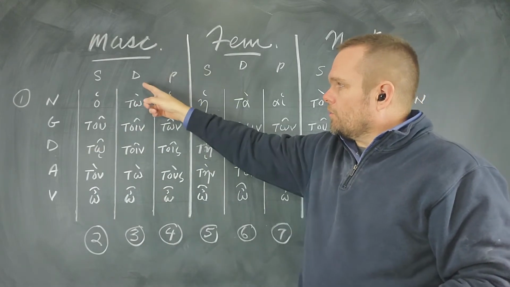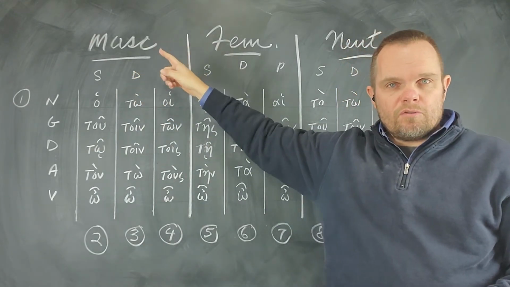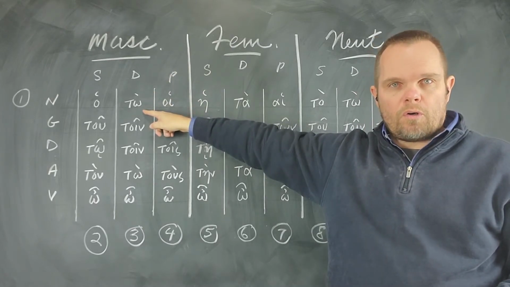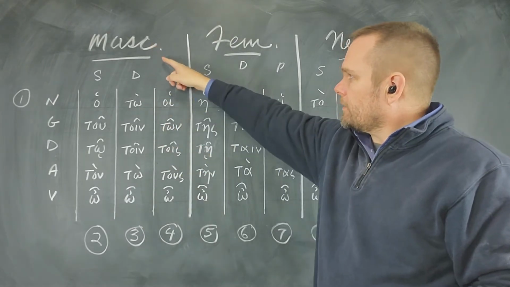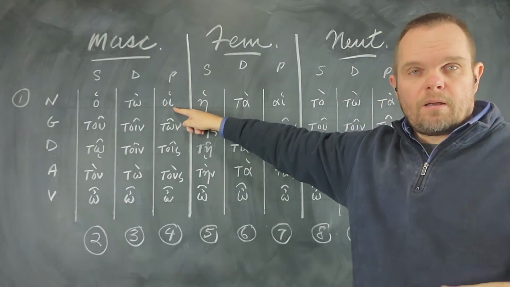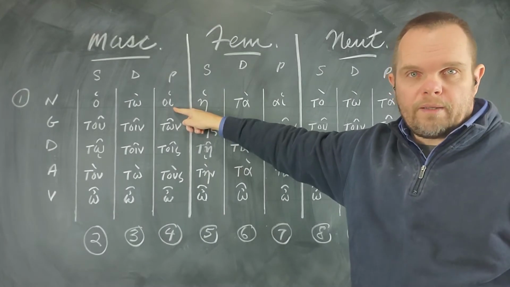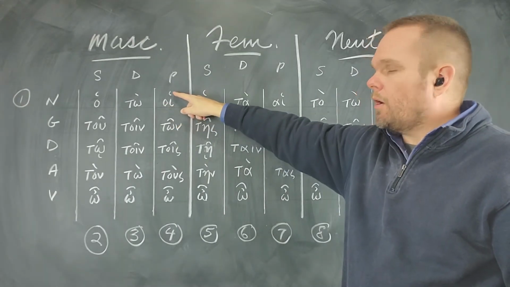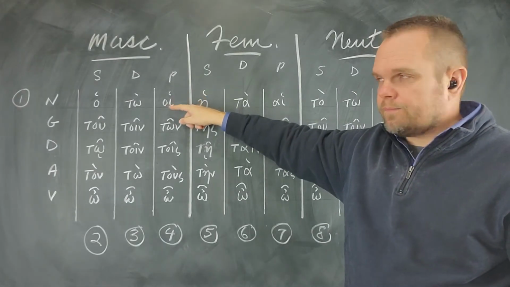The masculine dual article, to. The masculine plural, hoi, rough breathing, hoi. The diphthong, omicron, iota, hoi.